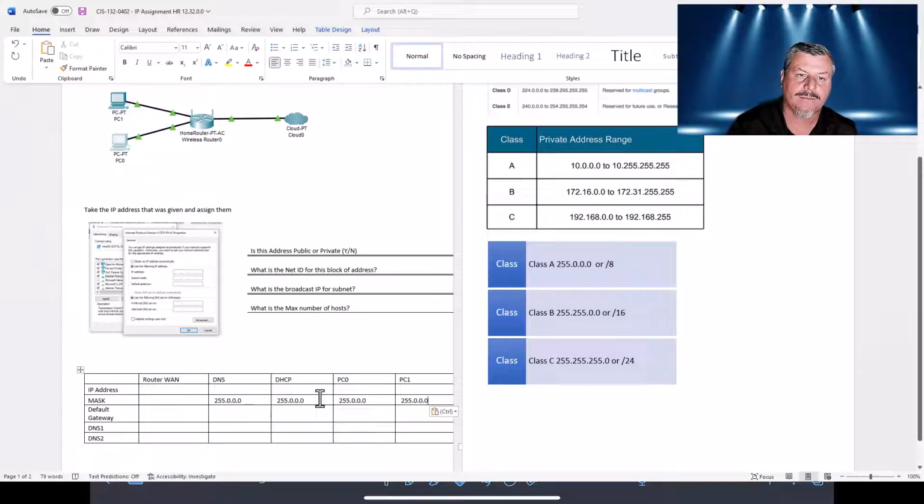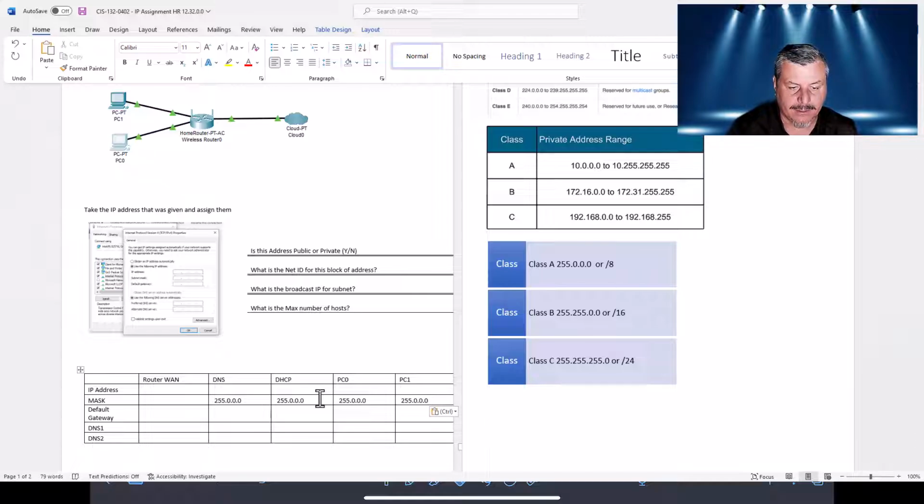One of the things we talked about in class was the router. What address is the router going to have? Typically you're either going to use the first or last address. In class we used the first, and in this one I'm going to use the opposite, the last address.